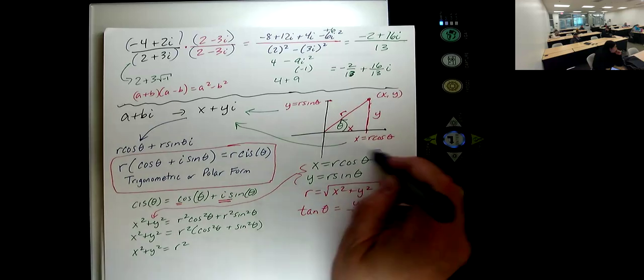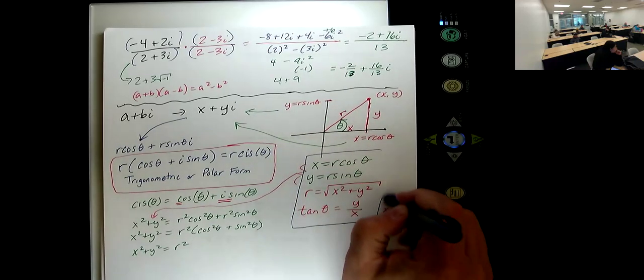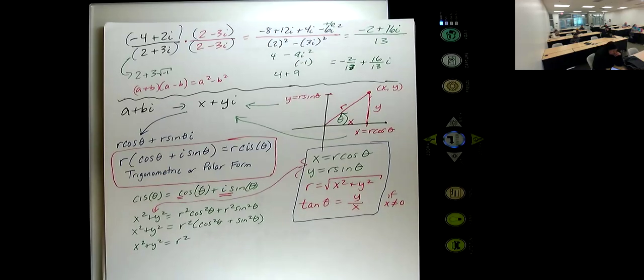So that's the way of switching back and forth between rectangular form and trig form, polar form. Let's do some examples with it after everyone's had a chance to write this down.